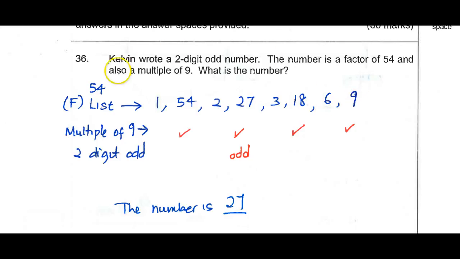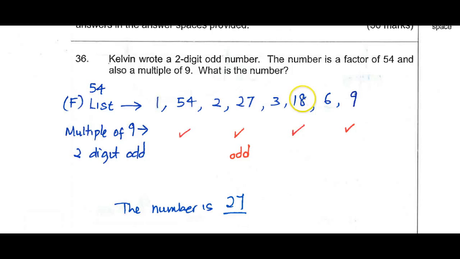Now this number is also a multiple of 9. Now write down here multiple of 9 and see which of these numbers are multiples of 9. Give them a tick. 54, 27, 18 and 9. Now which of these numbers just mentioned are 2 digits? Okay, odd number. This is not, this is out.